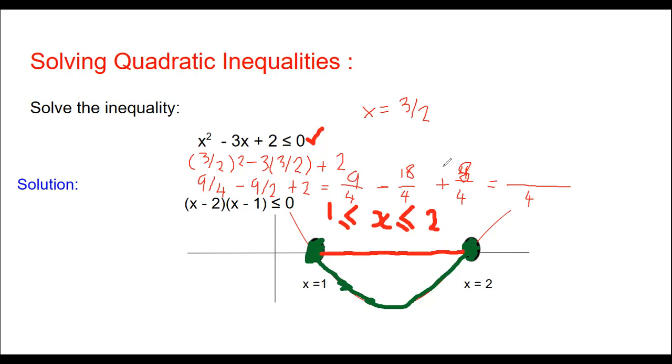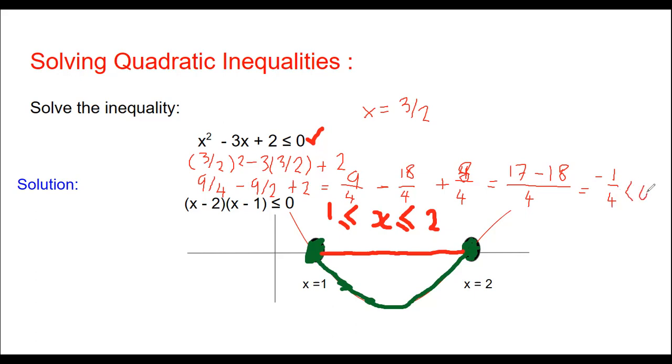So 9 plus 8 is going to be 17, and 17 minus 18 is going to be minus 1 over 4, which is negative.